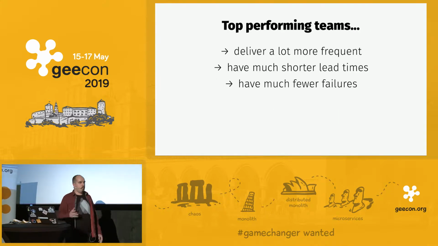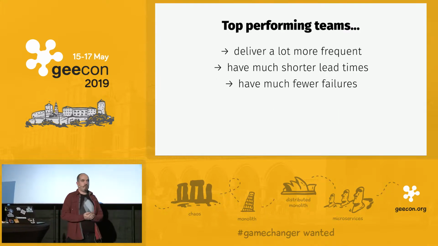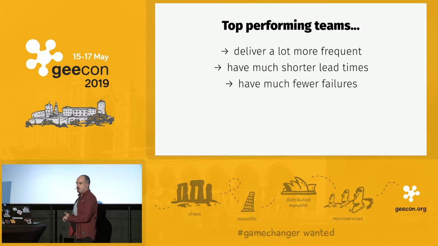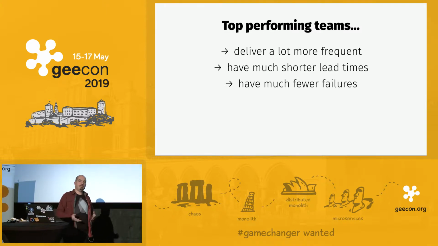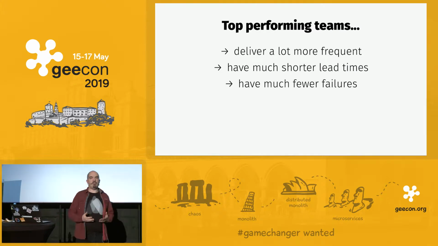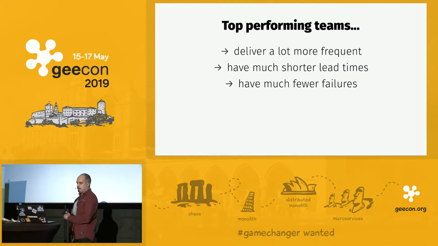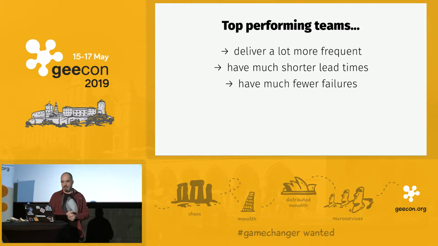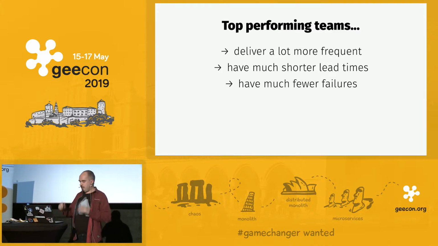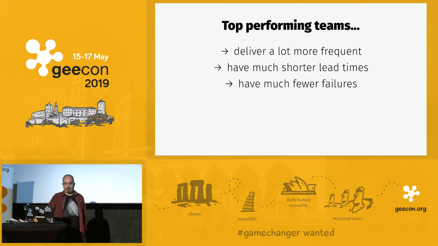So one of the things is that, for example, one of the top performing teams, they deliver a lot more frequently. So we're not talking about once a day, once a week, but multiple times a day. There have been numbers like 46 times faster than normal teams. They tend to just deploy into production or into testing environments. They also have much shorter lead time.